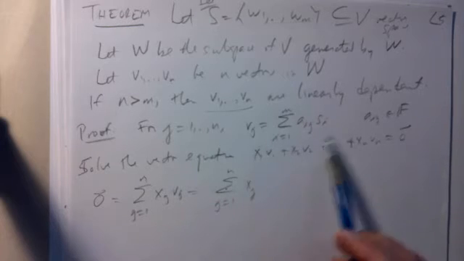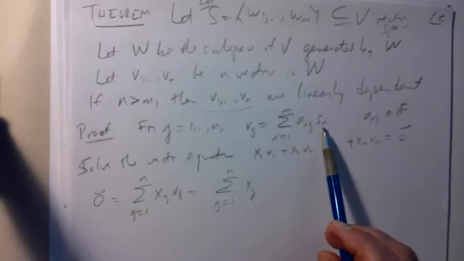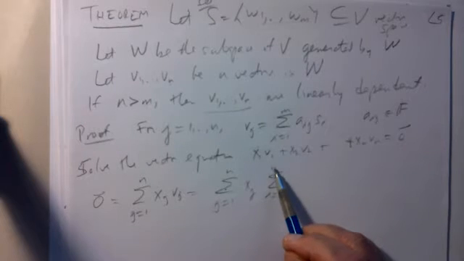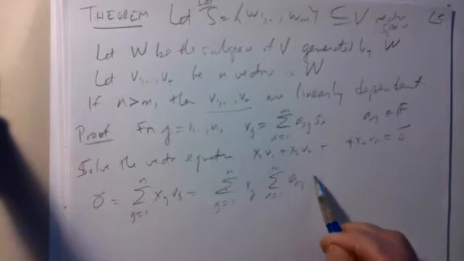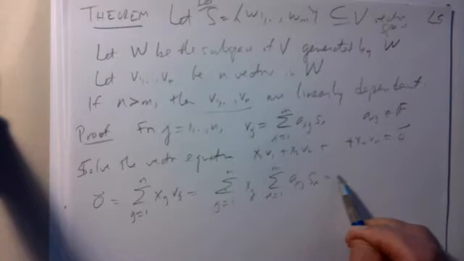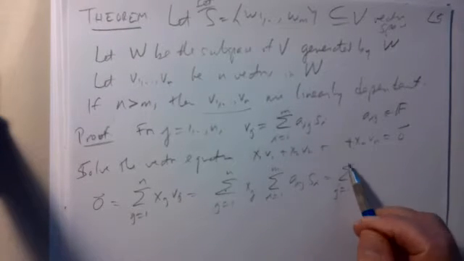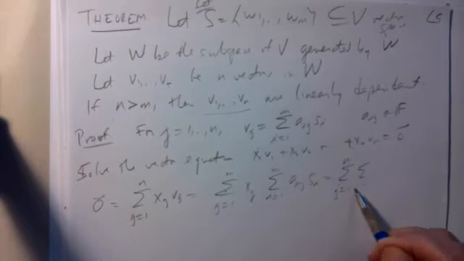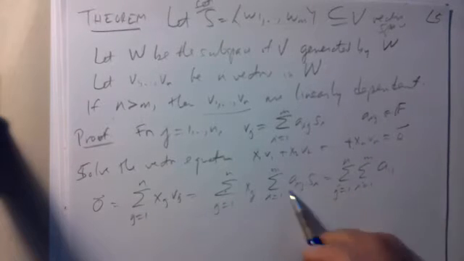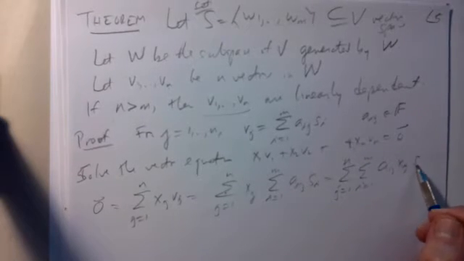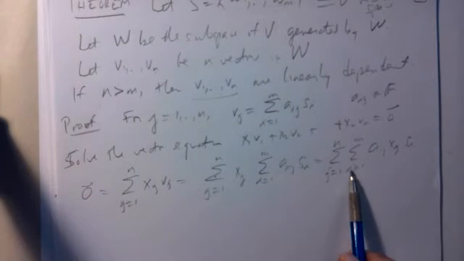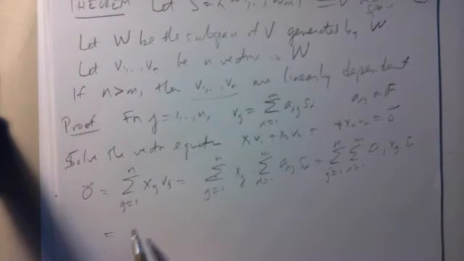But vj has this representation as a linear combination: summation i goes from 1 up to m, aij si. So I can bring this inside here. This is summation j goes from 1 to n, summation i goes from 1 to m, aij xj si. And when you have finite summations, you can interchange the order of summation.